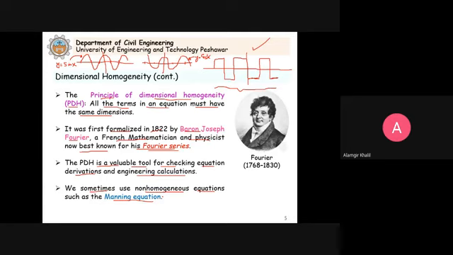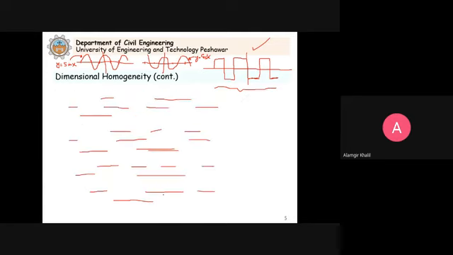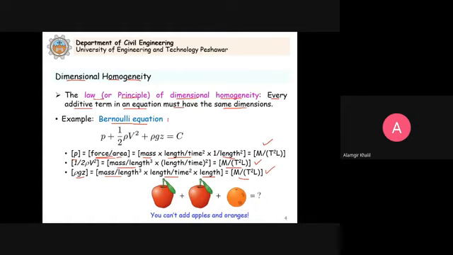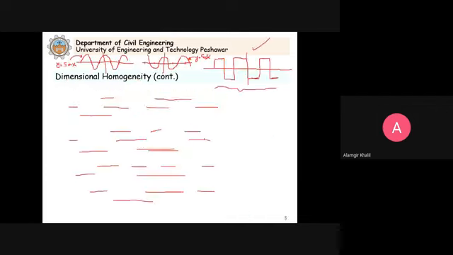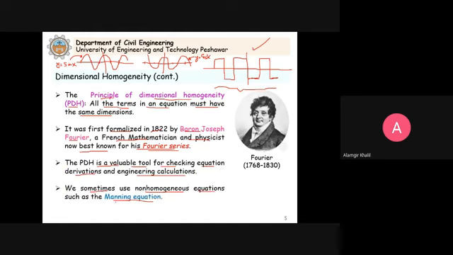You can see here that we studied the Bernoulli equation, independent of units and applied to a variety of problem analysis: pipe flow, open channel flow, a variety of problems. When we have a non-homogeneous equation, it fits the data for specific cases. That's why the Manning equation will be used for a limited number of problems. Clear?